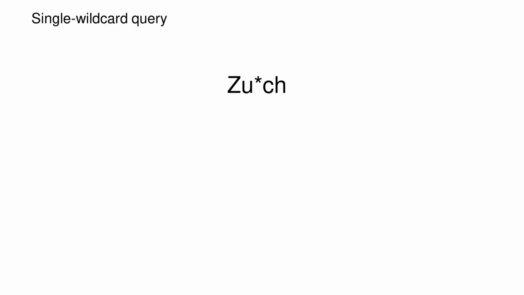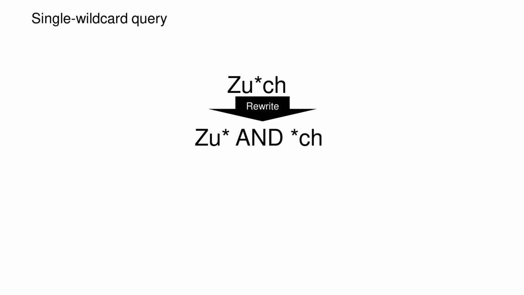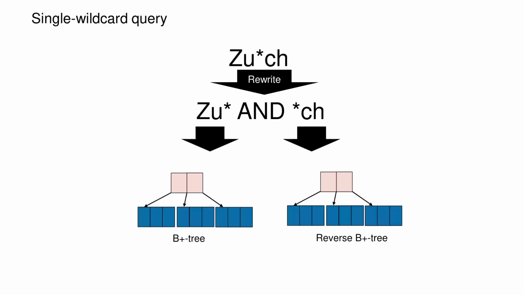Conjunction, exactly. That's exactly the idea. You basically separate it into ZU star and star CH. ZU star we solve with the standard inverted index and the premium plus feature. And star CH, we use the mirrored version of the index, also with the premium plus feature. And that's it.